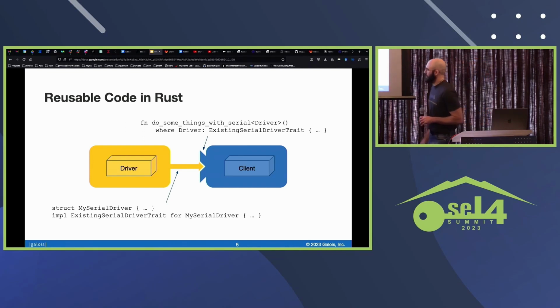And then your driver just implements that trait. So here, for example, it's a serial driver, and it's implementing some common serial driver trait, and that's the interface that they share, right? And there's this nice, clearly defined abstraction at the interface.